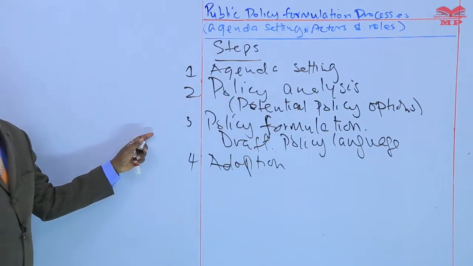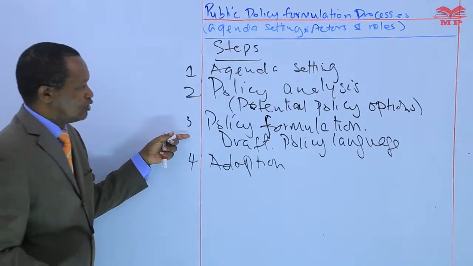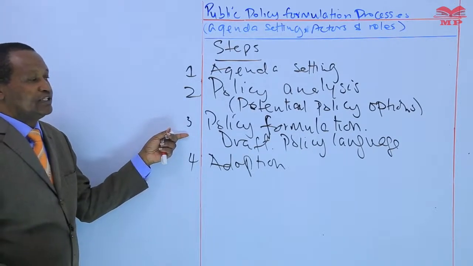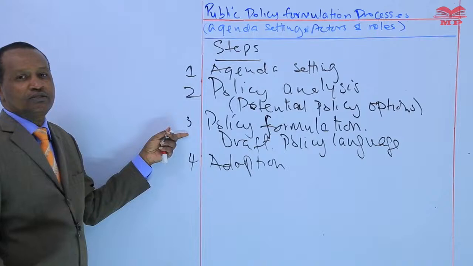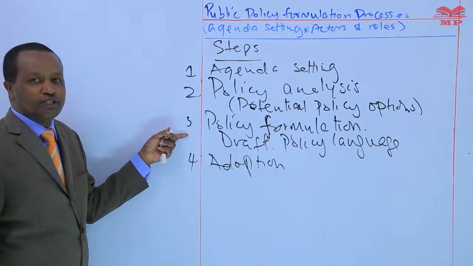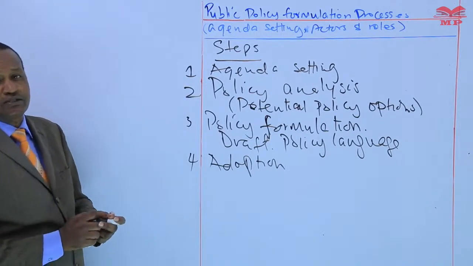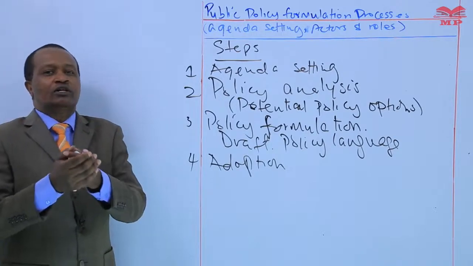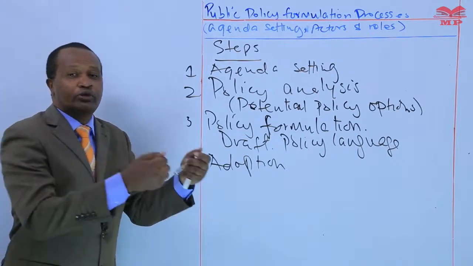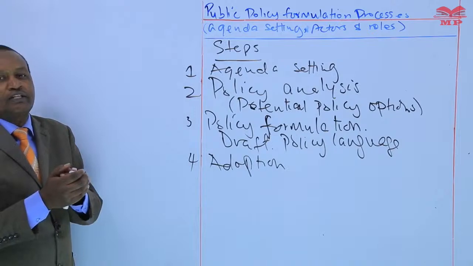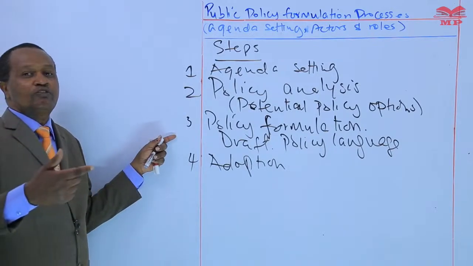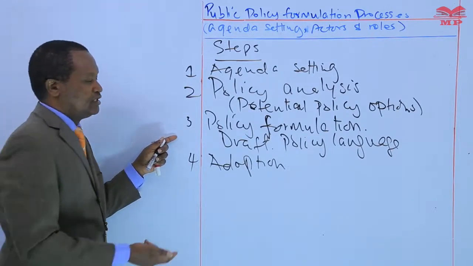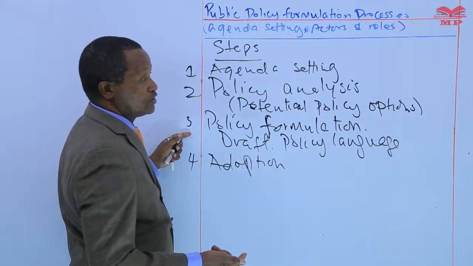Once a policy proposal has been developed or formulated in step number 3, then you adopt it. It must be adopted by the relevant policymakers or the relevant policy-making body. And that may involve a range of procedures, a range of political considerations.